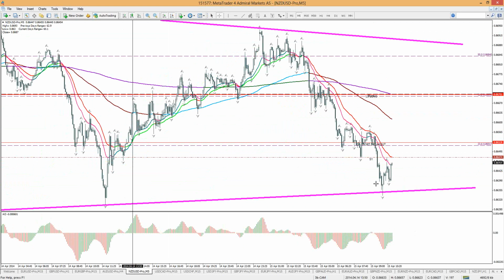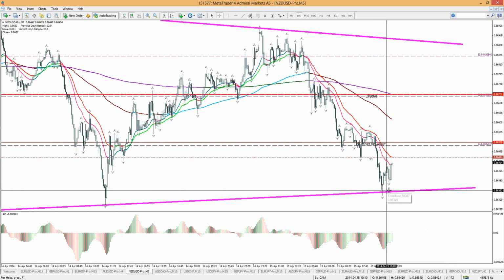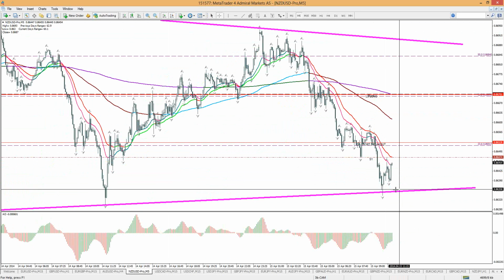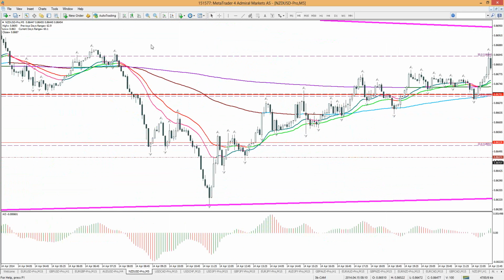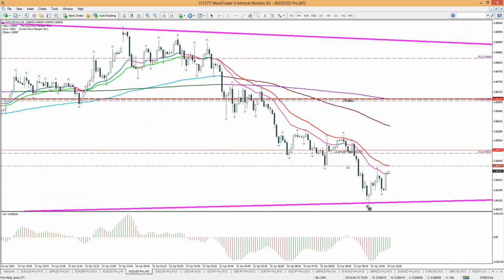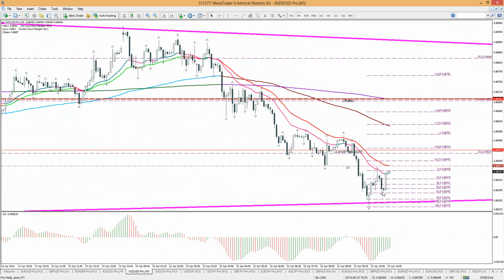Let's see, New Zealand, 1, 2, 3, 4, 5, 6. Looks like we had the hook back while I was looking at other charts. But still, I would expect even one more hook back, to be honest. 61.8 bounce.